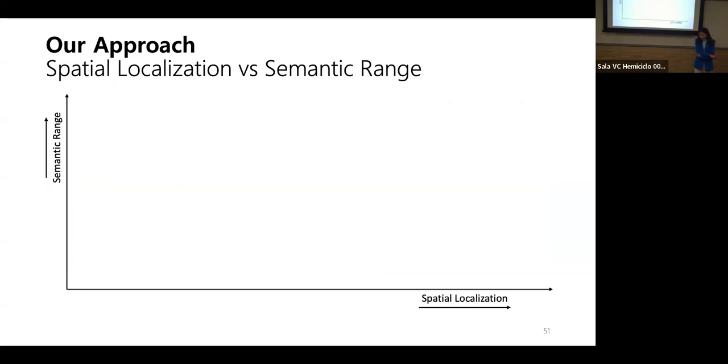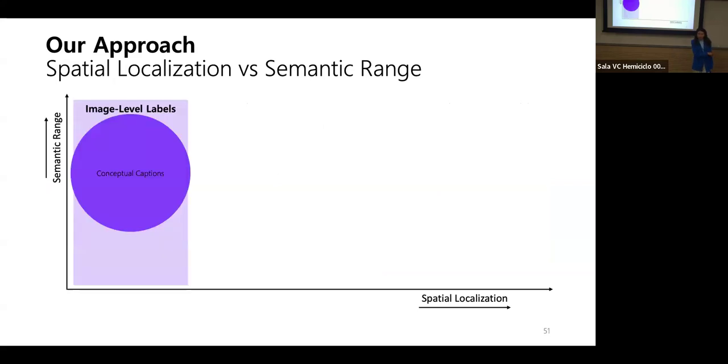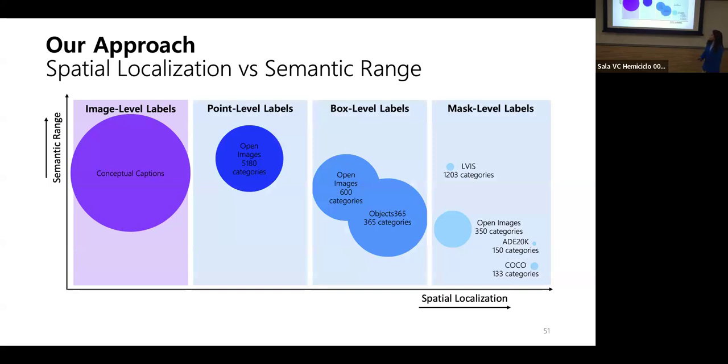In the datasets that we have available, we can see a trade-off between the semantic range and the spatial localization, particularly if we consider image-level labels, which have a broad semantic range, but the spatial localization is very raw because we only have image-level captions. In contrast, the segmentation datasets give a really strong signal for visual spatial localization.